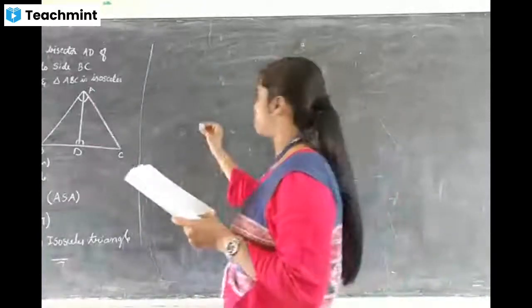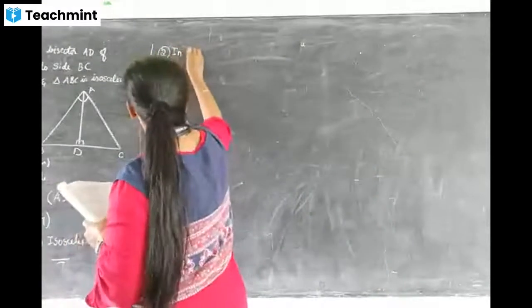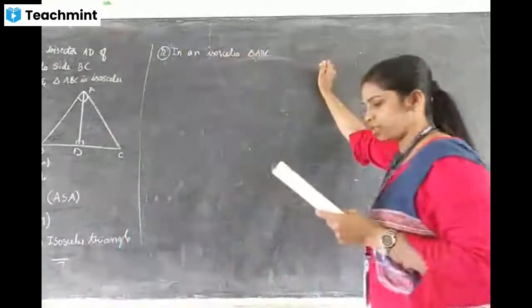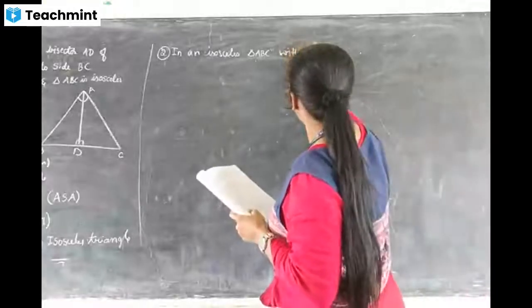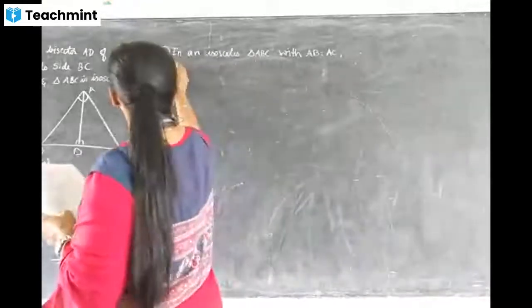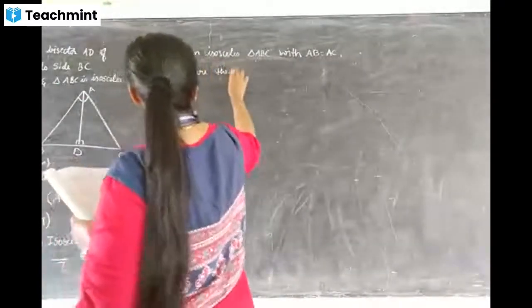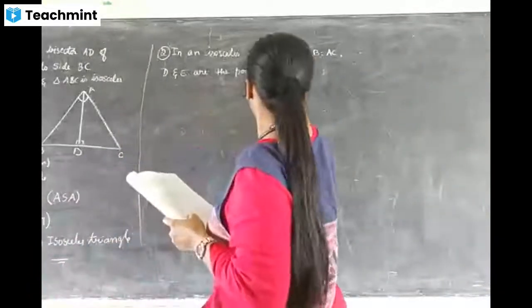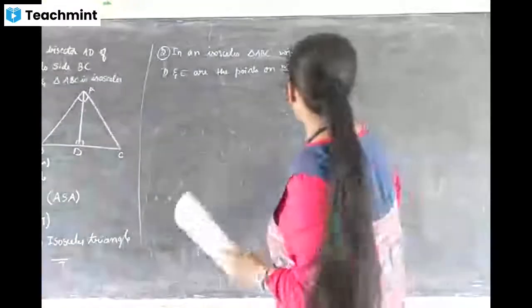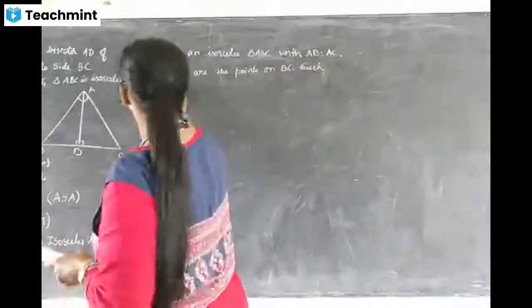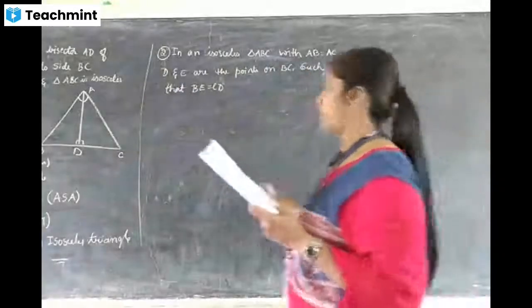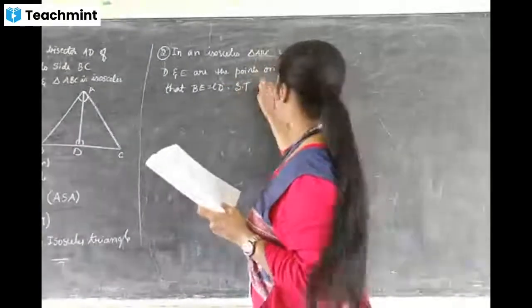In an isosceles triangle ABC, with AB equal to AC, D and E are the points on BC, such that BE is equal to CD, show that AD is equal to AE.